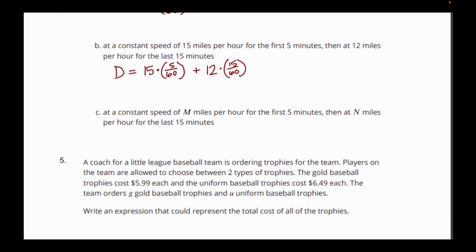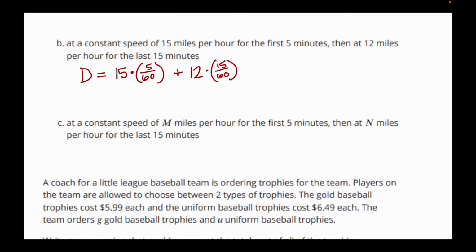So now we're changing this into less specific and more general terms. We don't know what her speed is, but we can say her distance is that constant speed of m for the first 5 minutes. So 5 over 60. These are multiplied.